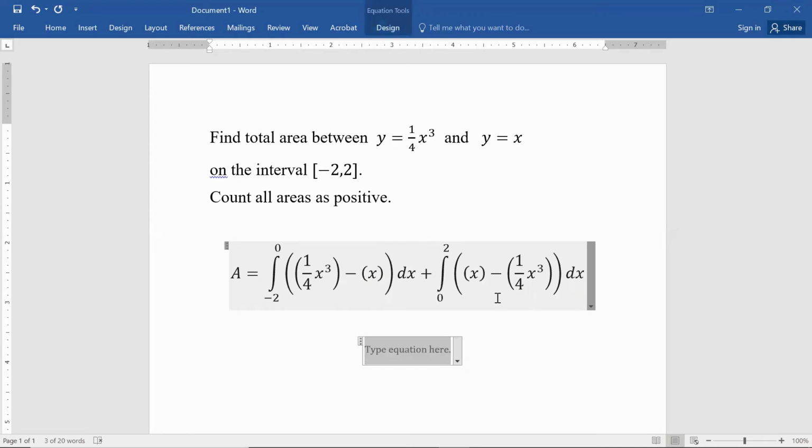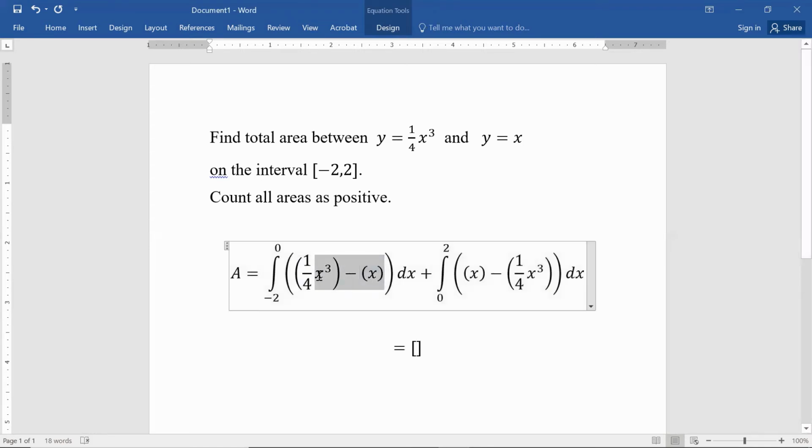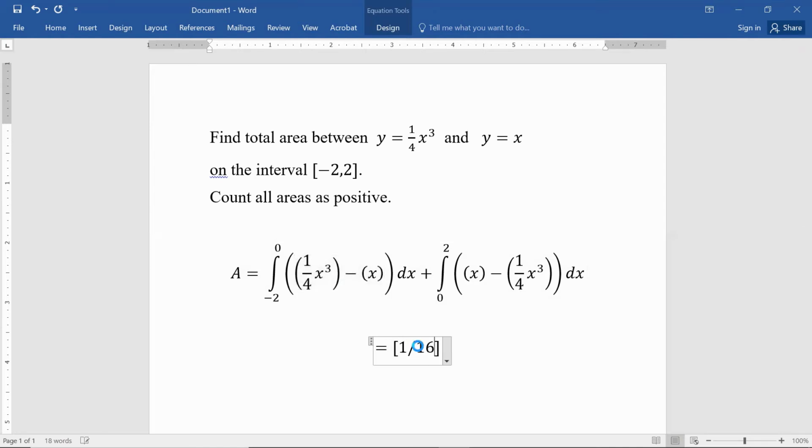Some people do these separately. I'm going to do these both at the same time. The antiderivative of this one is going to be x to the fourth times 1/16. So we're going to get 1/16 times x to the fourth minus 1/2 times x squared.